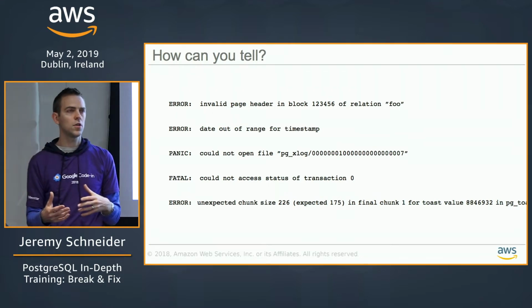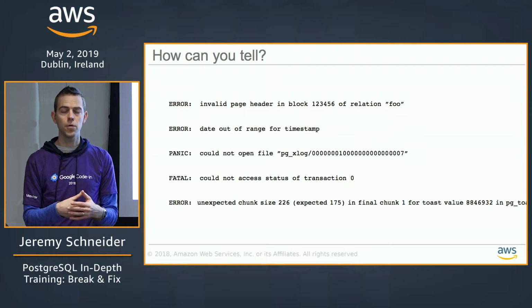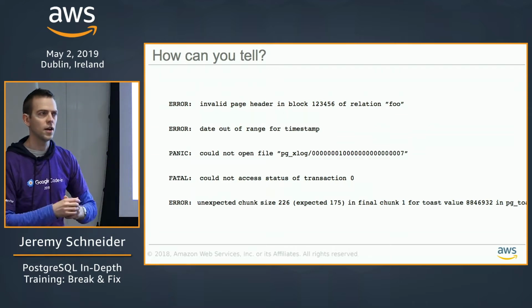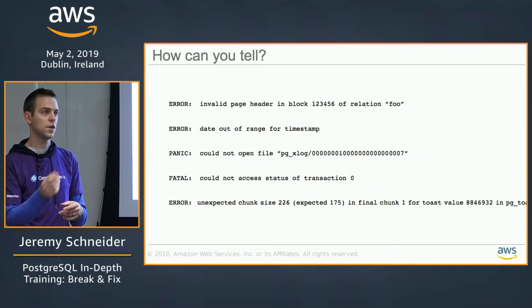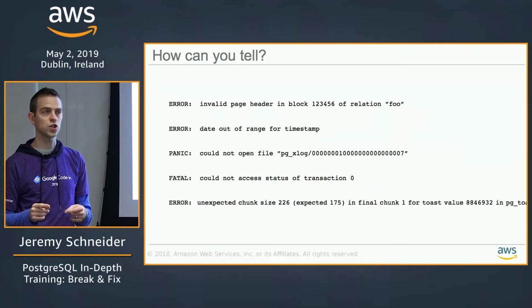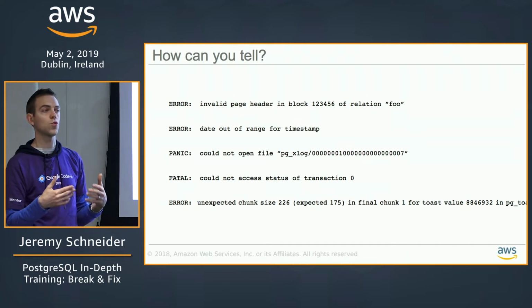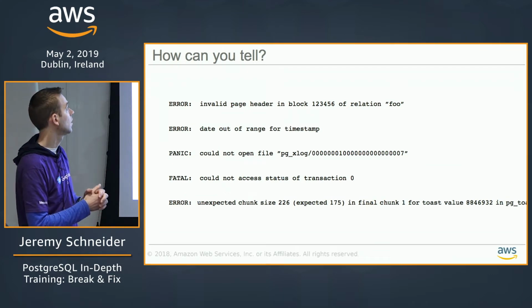In RDS Postgres, we don't allow you to turn this off, but Postgres will put a checksum on every block. So if even one little bit gets flipped, it knows, because when it reads the block in, it checks the checksum, sees something is wrong with this block, and immediately reports an error.